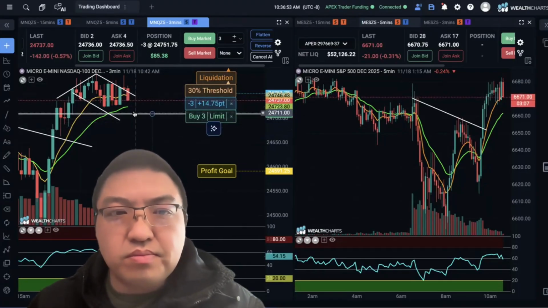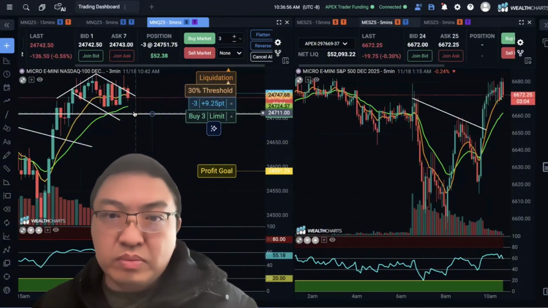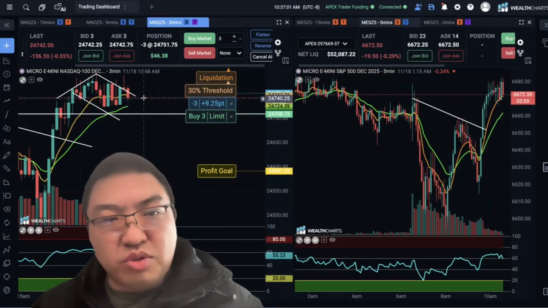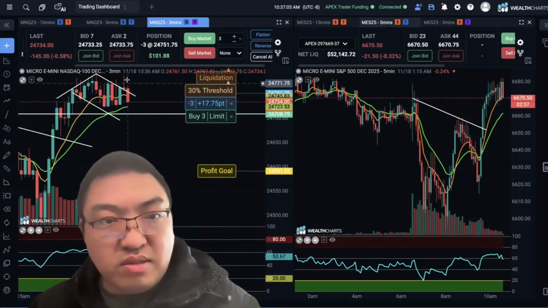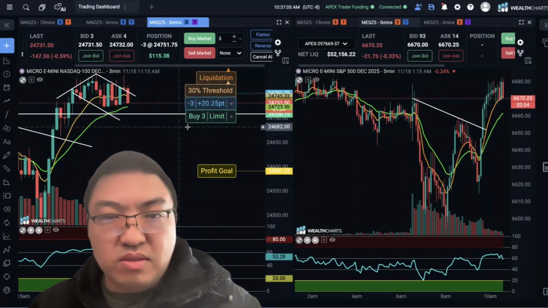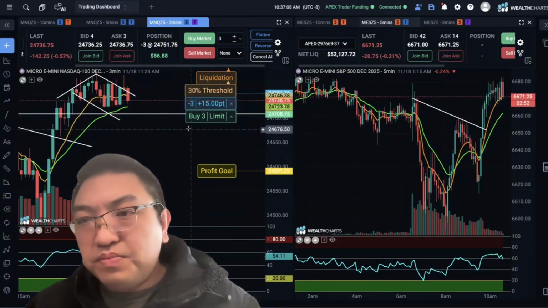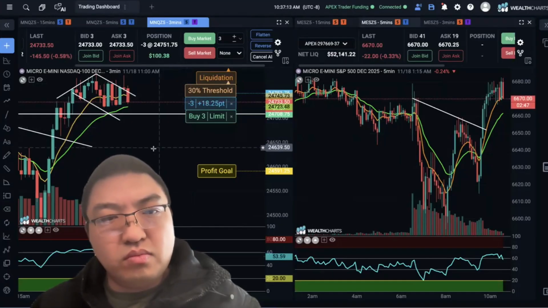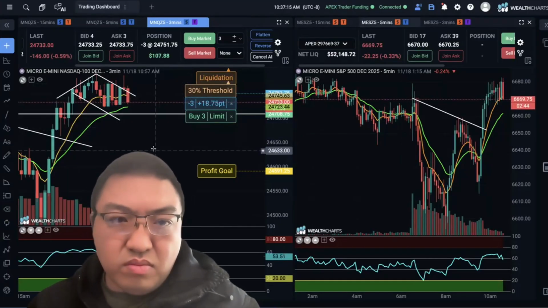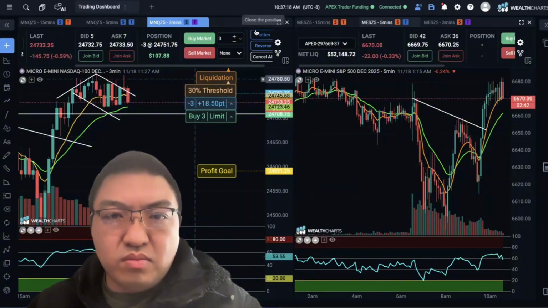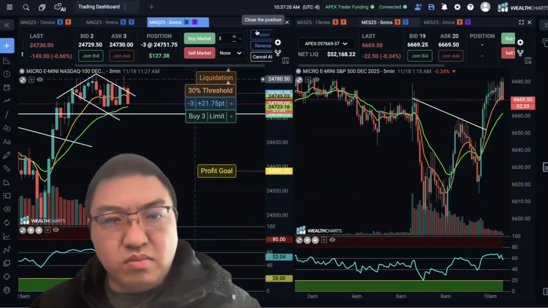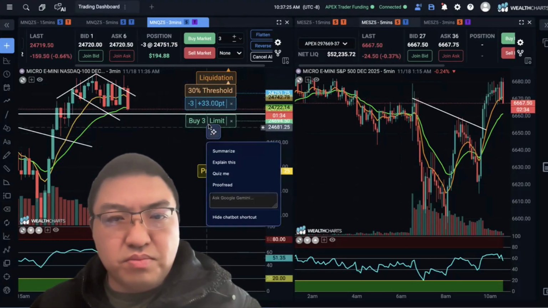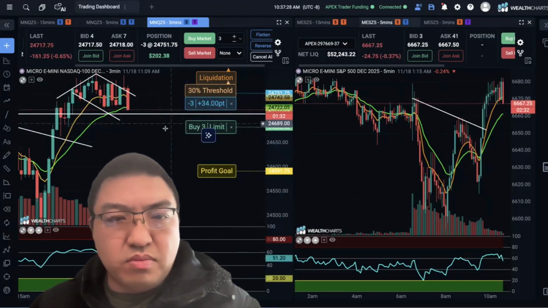Wait to this line. Okay, a little bit greedy. I think the downtrend is going to resume because there is a long rejection, something like this. Okay, sellers, go, go, go.